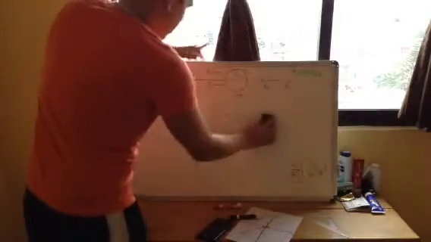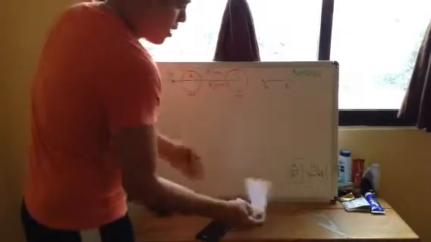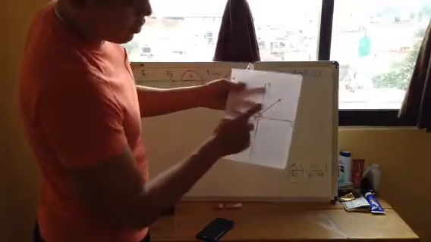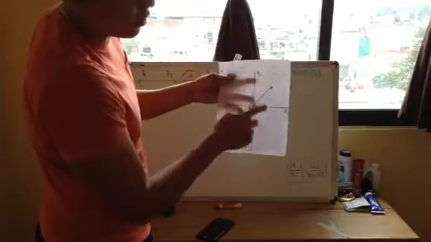I'm gonna erase this, and remember that at the first diagram here we got these triangles, these are triangles with angles, which is alpha and theta.